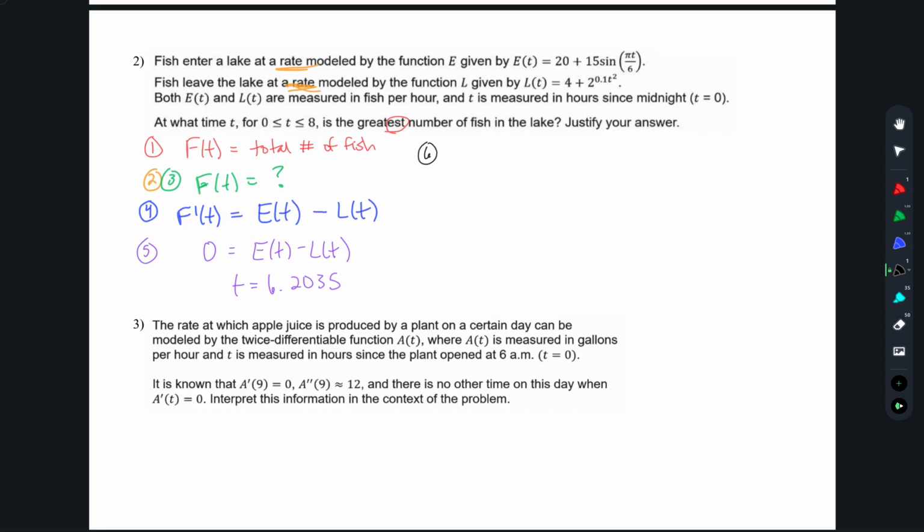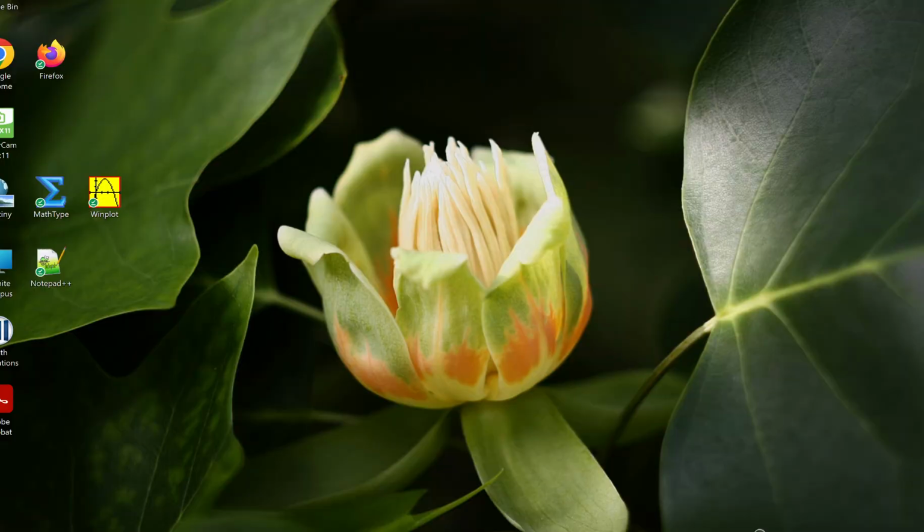If you threw in the second derivative of f, you would get negative 20.1962, which is obviously negative, which shows you that that's a maximum. So that's another way to show your greatest number of fish in the lake is doing the second derivative test.